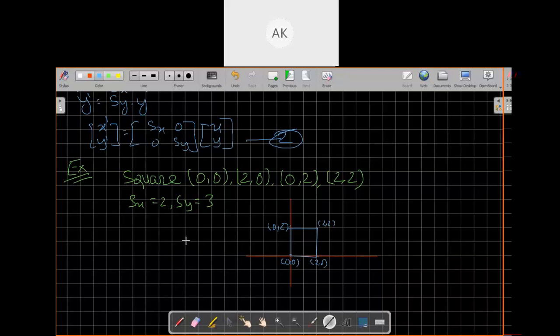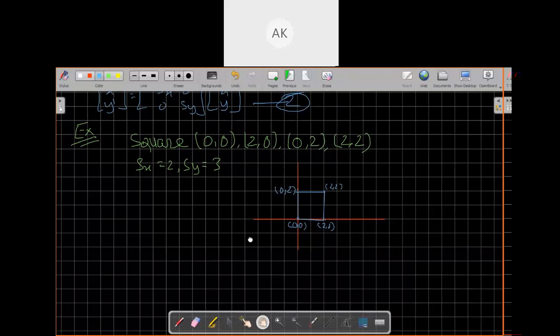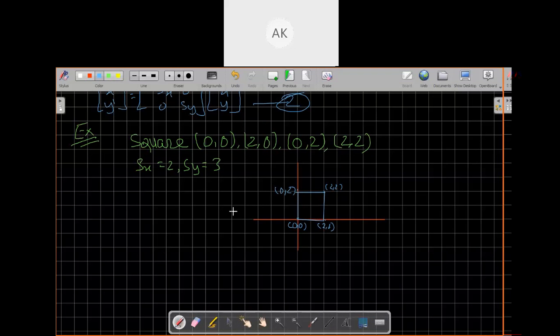So let's first draw this square in our coordinate system. 0 0 is this point, then 2 0, 0 2 and 2 2.